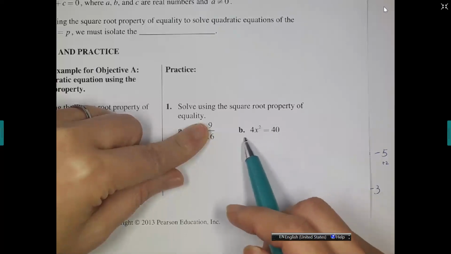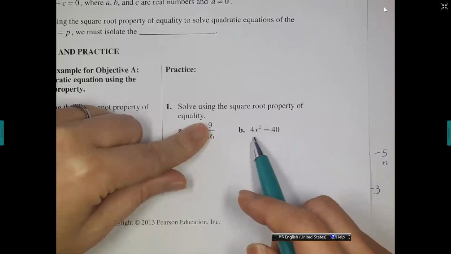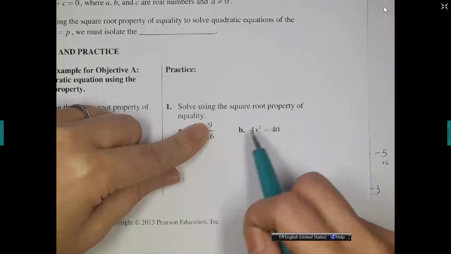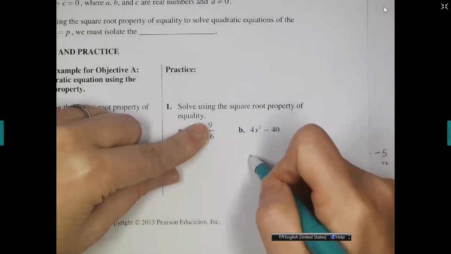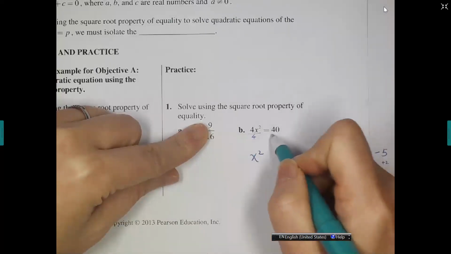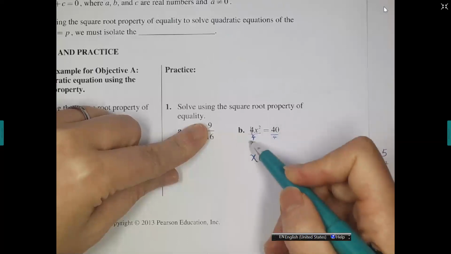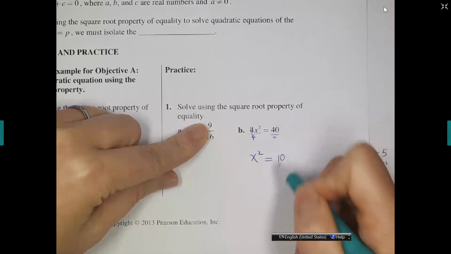So to solve any equation like this, we are going to isolate the square part of the term. I got 4 times x squared equals 40. I will solve for x squared first. How? Divide by 4, divide by 4. So 4 divided by 4, 4 is gone. I get x squared equals 10.